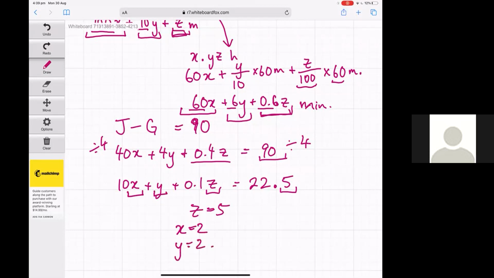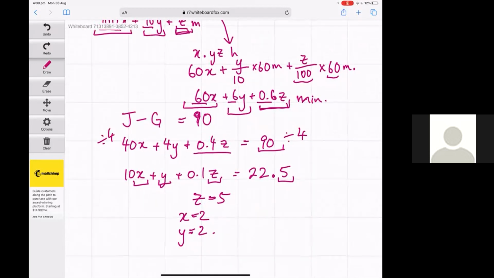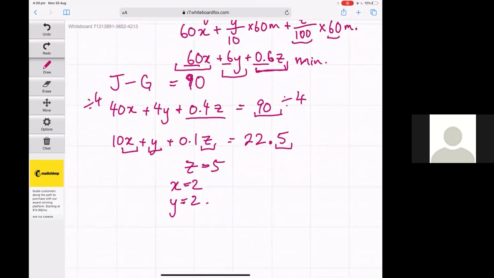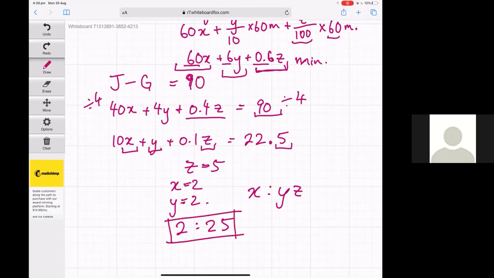All of these values are allowed because they are whole numbers and Y is between 0 and 5. So this solution gives 2:25. Remember, it's X colon YZ as the actual recipe cooking time. And that seems to work perfectly.